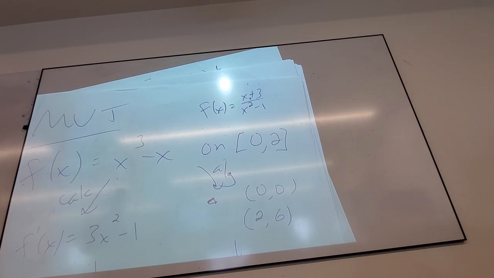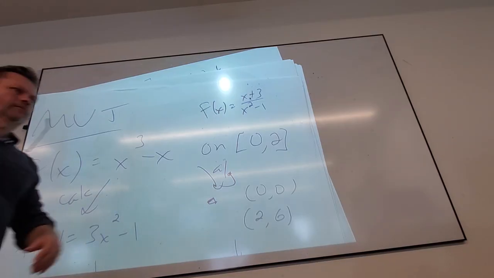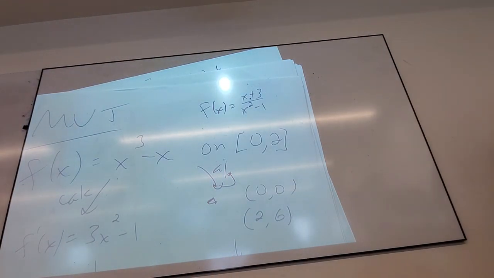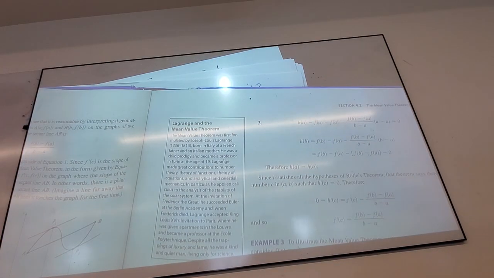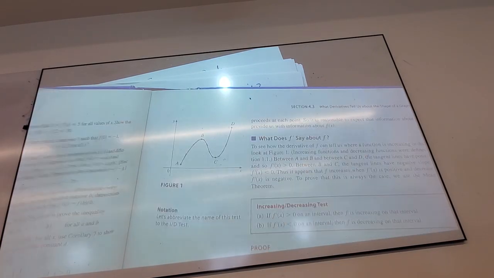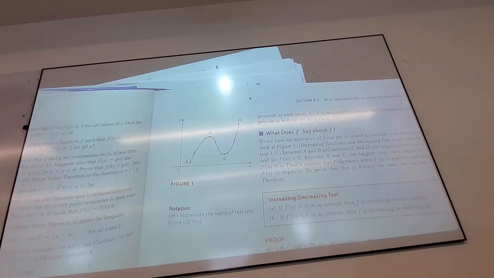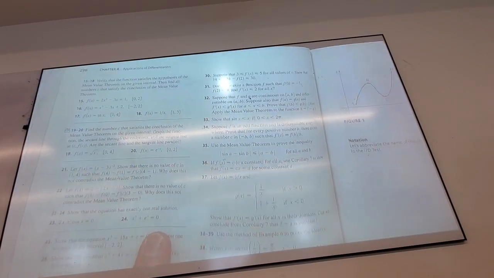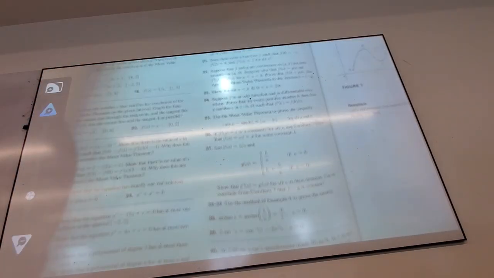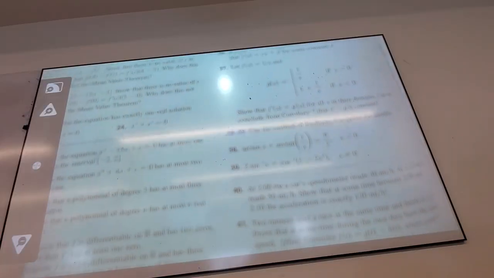Yes. Can we use MVT to show that an equation has exactly one root? Yes. Oh, sorry, were you working on that one? Which one is that? 4.2, Number 24. Yes, okay, so what does it mean to have exactly one solution?